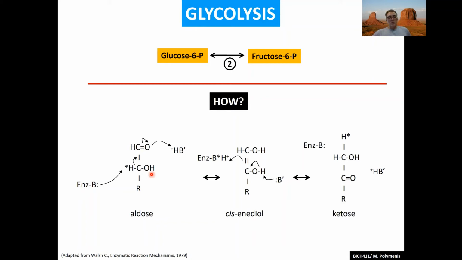So what was a hydroxy became a carbonyl, and what was a carbonyl carbon became a hydroxy carbon, right? So we converted an aldose to a ketose through an enediol intermediate. And again, this is really an internal redox reaction. This carbon got oxidized, and carbon 1 became reduced from a carbonyl carbon to a hydroxy carbon.